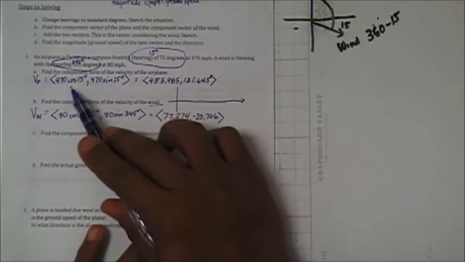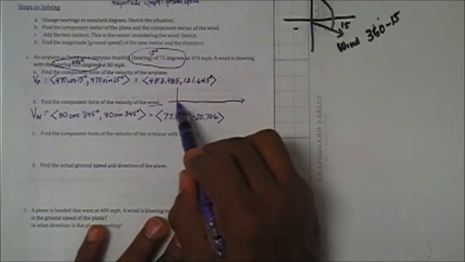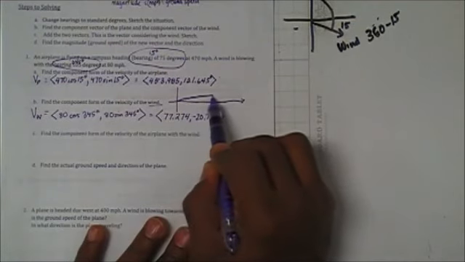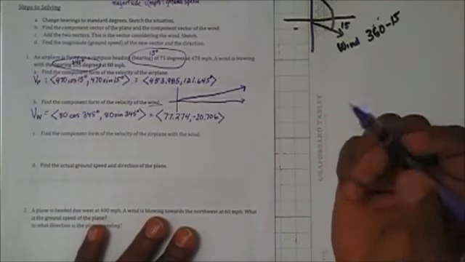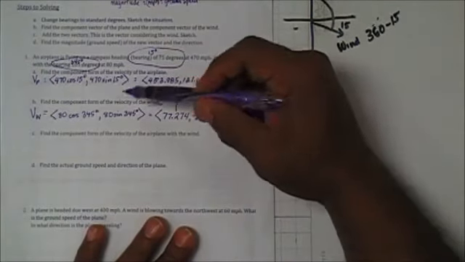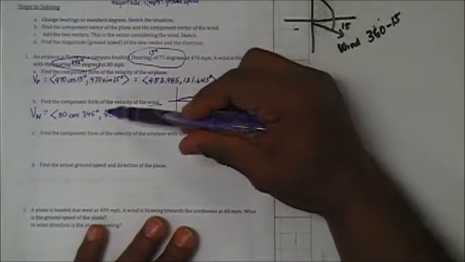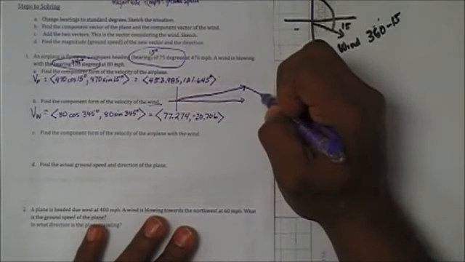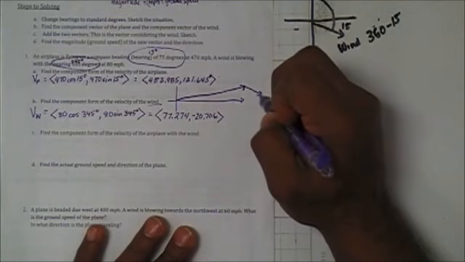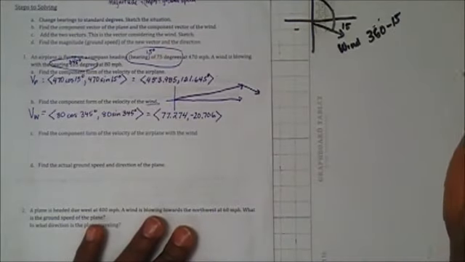The plane is flying 15 degrees, and it's a pretty long vector. Then we want to make our wind vector in the direction of 345 degrees, a lot smaller, just like that.